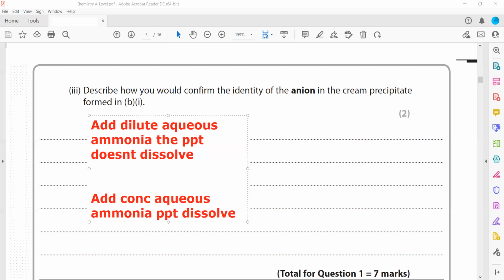We can also mention just dissolve. If it was silver chloride, then in both cases, dilute or concentrated, it will dissolve. And if it was silver iodide, when we add dilute or concentrated, it won't dissolve at all.